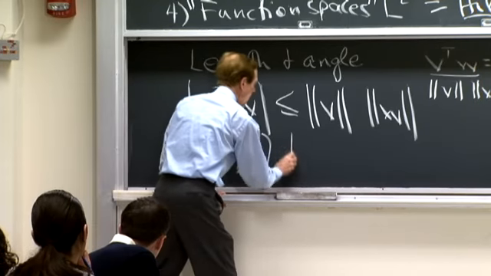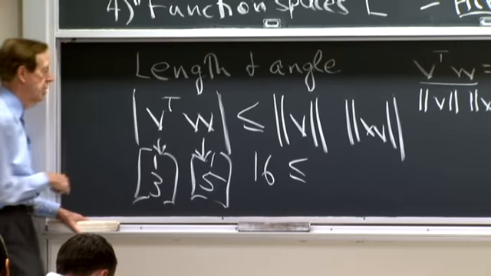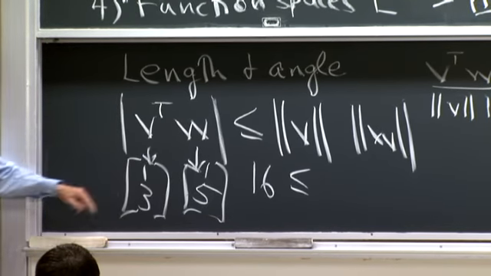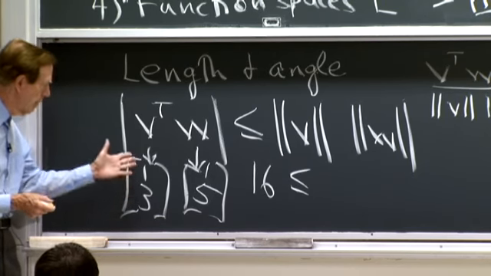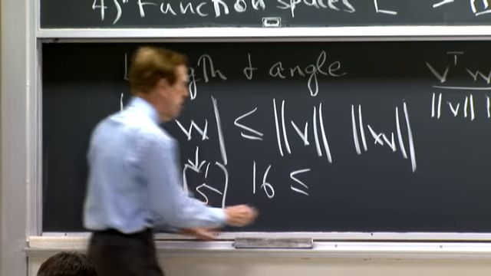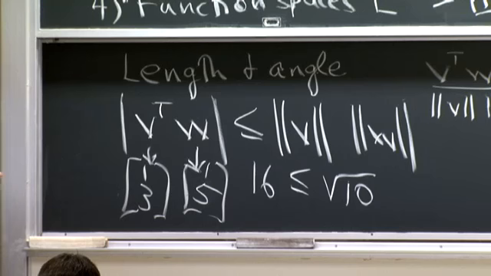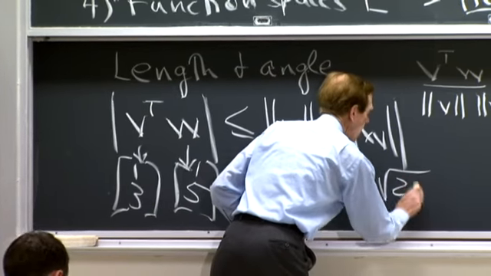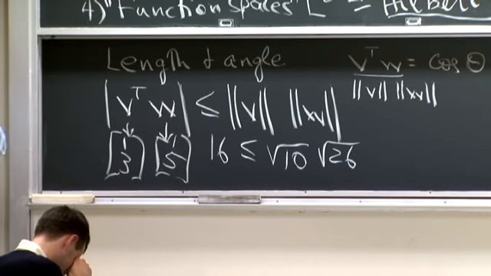What's the dot product of those? 16. And now what am I claiming? That it's less than the length of this vector, which is what? What's the length of 1, 3? Square root of 10. It's good to do these small ones just to remember. The length is the square root of the sum of the squares, so square root of 10. And the length of this one is the square root of 26. And so I hope, and Schwarz hopes, that 16 is less than that square root.